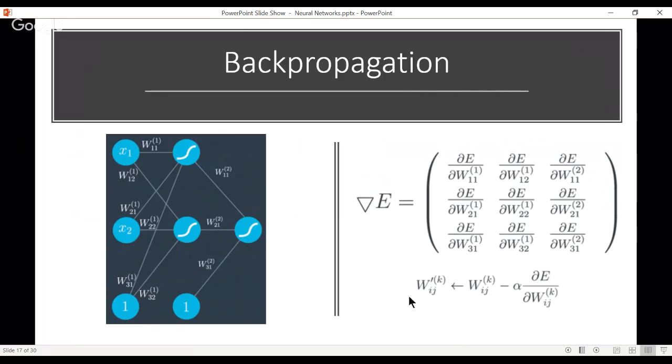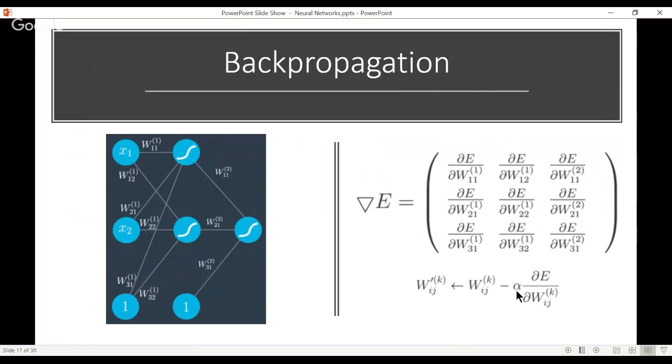So this is how the update function for your weights works. This alpha is a learning rate parameter. It decides how fast you want to update your weights, so it decides the magnitude of the increments or decreases in the previous value of the weight.